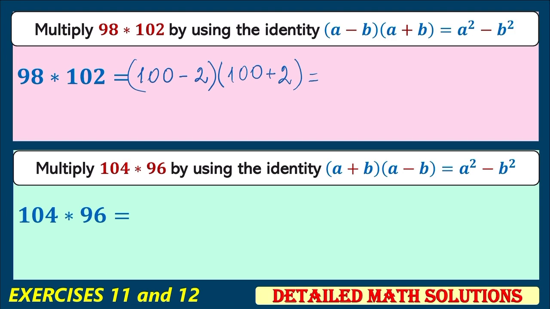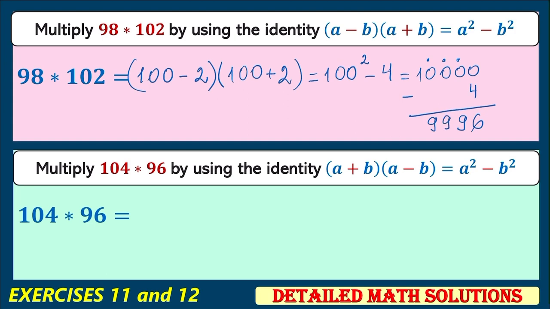When I apply the identity, this equals 100 squared minus 4, or 10,000 minus 4. Again, take away 1, I have 10 minus 4 is 6, then I have 9, 9, 9. So this equals 9,996.